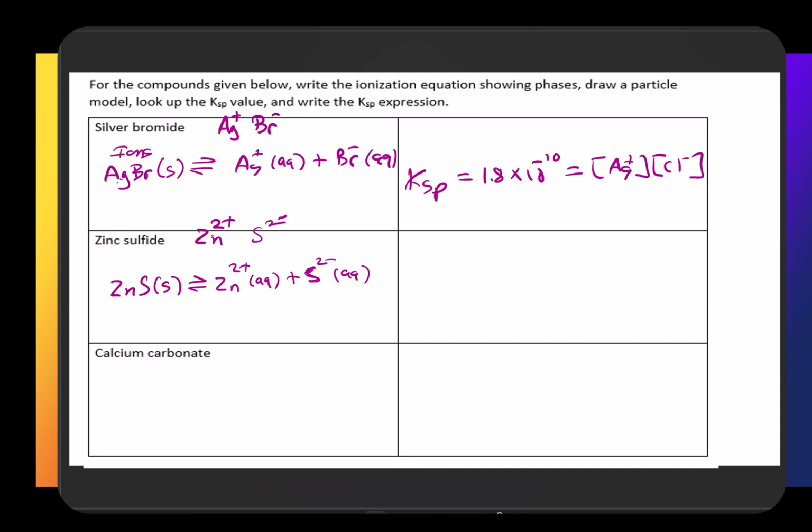There'll be the smell of hydrogen sulfide throughout an entire building. So you need to be careful with sulfide compounds. The KSP expression for this, 2 times 10 to the -22. Again, we ignore the multiplicative product of the zinc ion molarity.